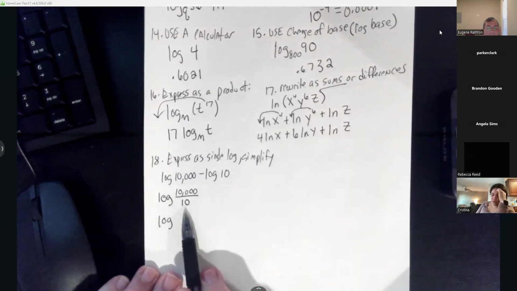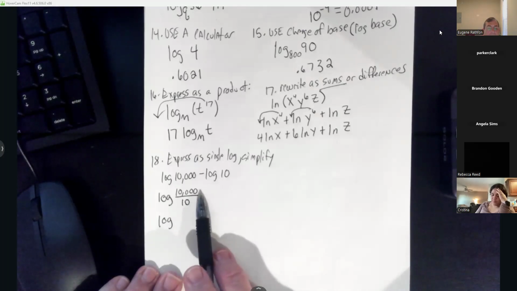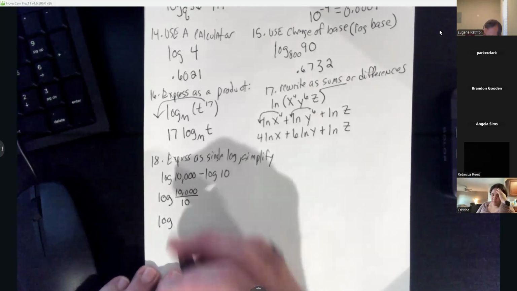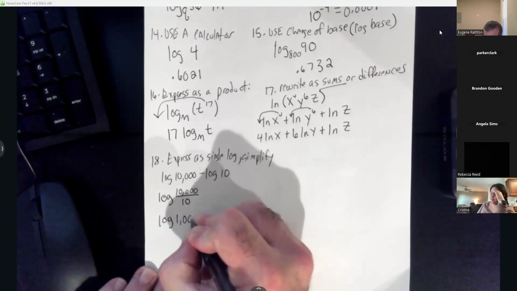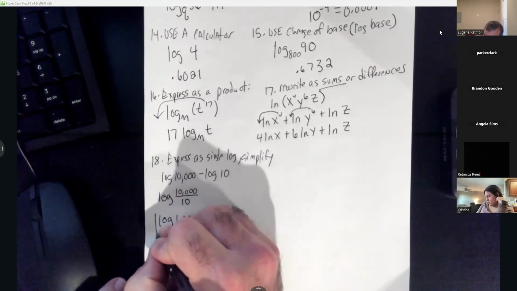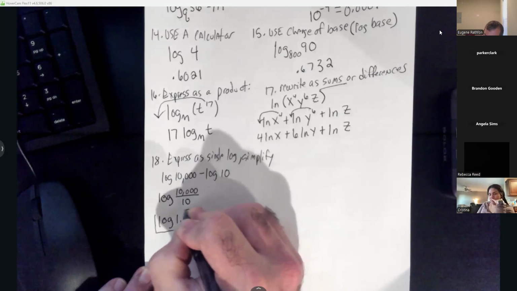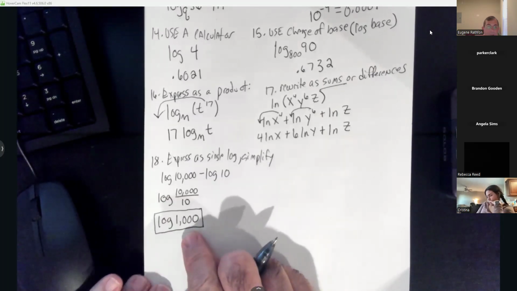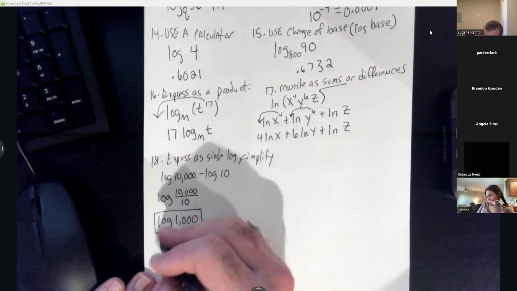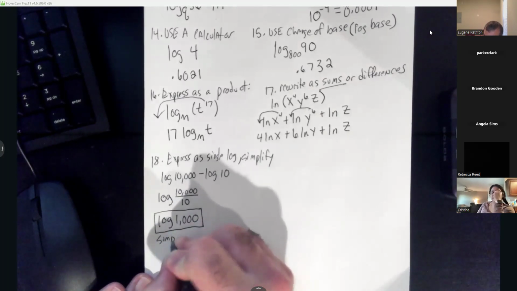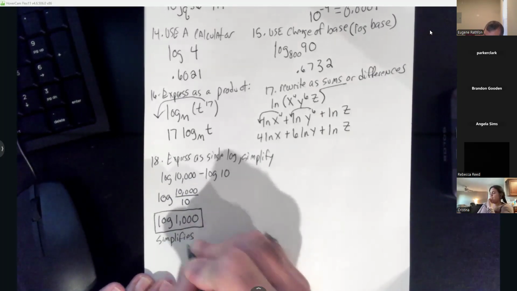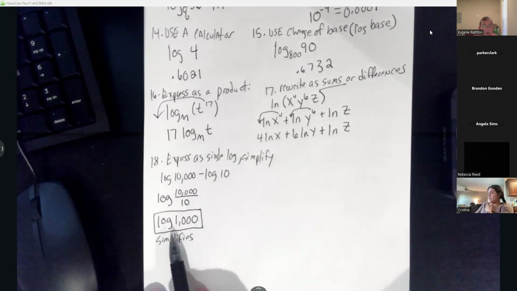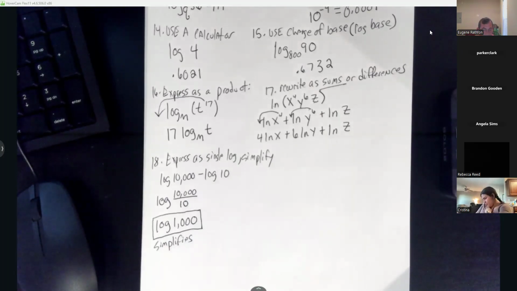So let's see, if I divide 10,000 by 10, that leaves me what, 1,000? So the first answer MATLAB wants is a log of 1,000. But y'all, this one does simplify. So what does a log of 1,000 give us? Someone punch that up on that calculator.